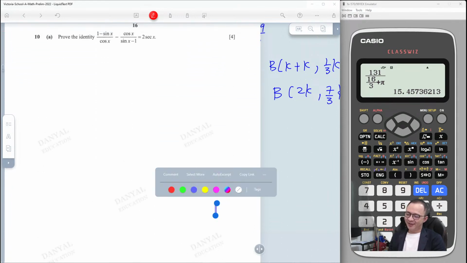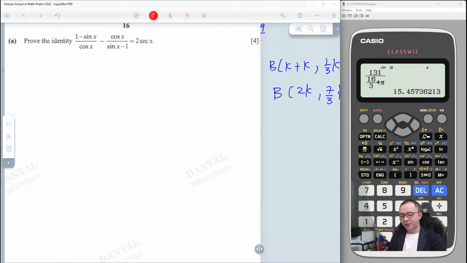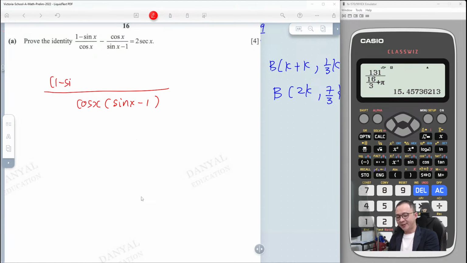Number 10 already. Alright, so we're going to prove this one. Let's prove it. Make the same denominator. This is cos x multiply sin x minus 1. So top will be 1 minus sin x multiply sin x minus 1 minus cos square x.